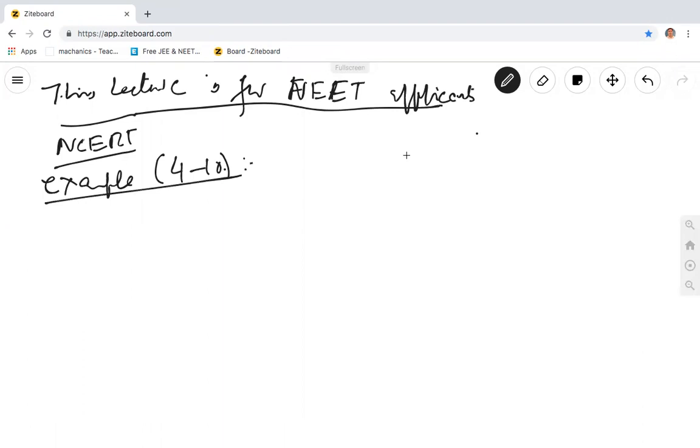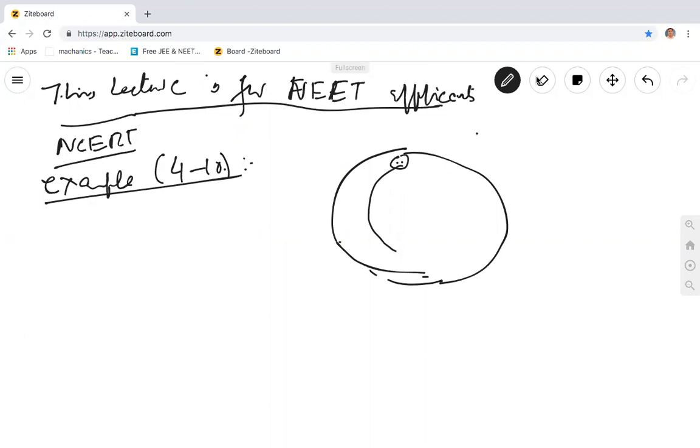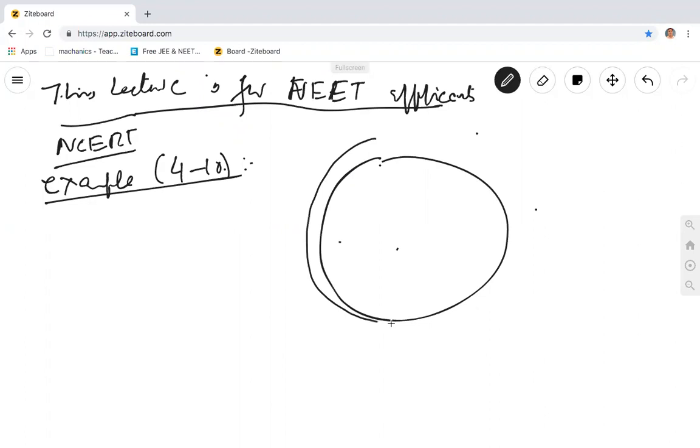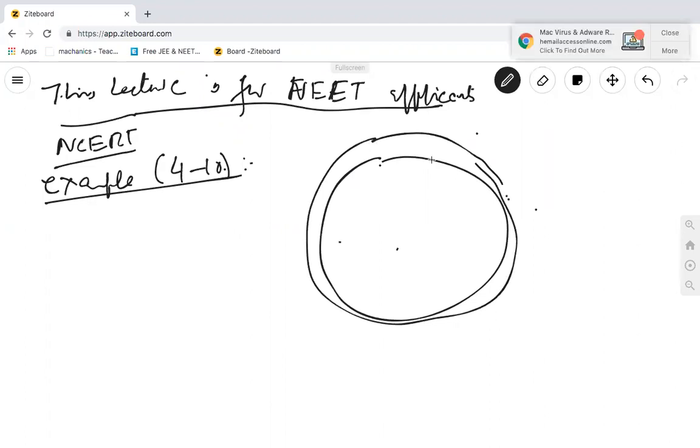The example is an insect moving in a circle. Actually, this is a groove, a groove type space, like a stream.